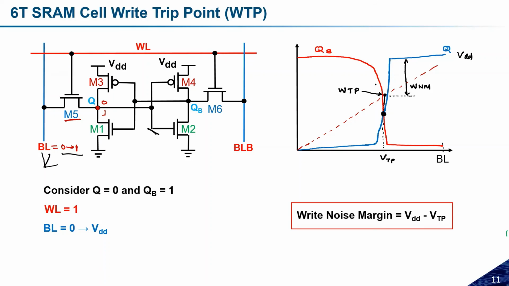You don't need to calculate the square or measure the loop to calculate the noise margin. Simply you need to find the voltage where Q and QB are crossing each other, right? After that you can calculate this BL voltage and subtract it from the VDD, and then you will get the write noise margin. So this is an alternate and simple way to calculate the write noise margin.